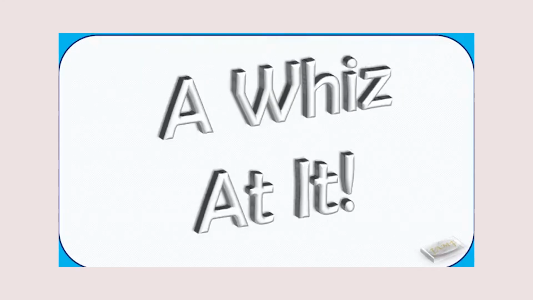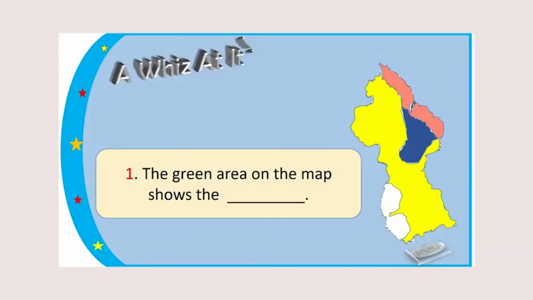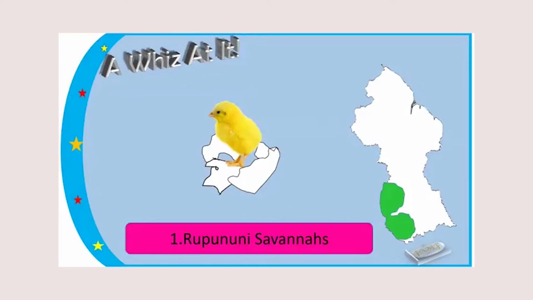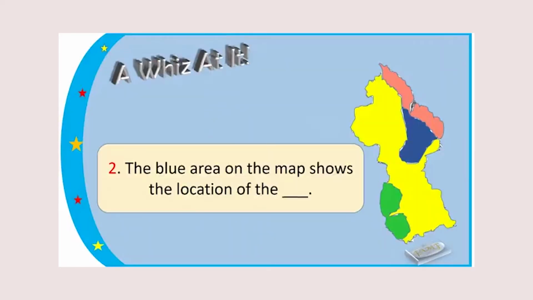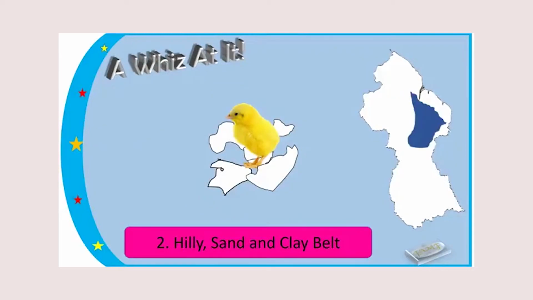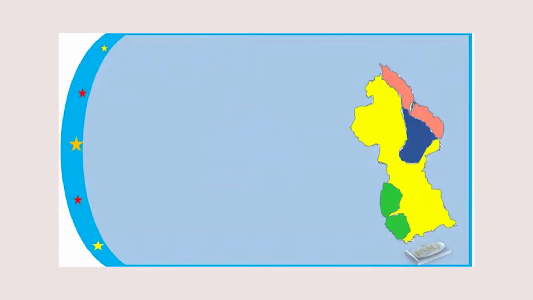Now take a go at a whiz at it. The green area on the map shows the Rupununi savannas. The blue area on the map shows the location of the hilly sand and clay belt.